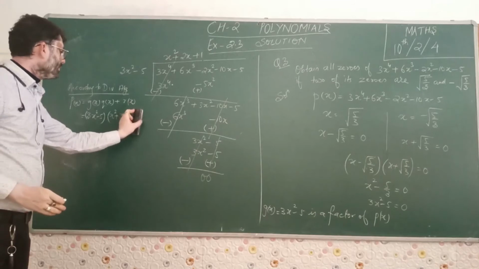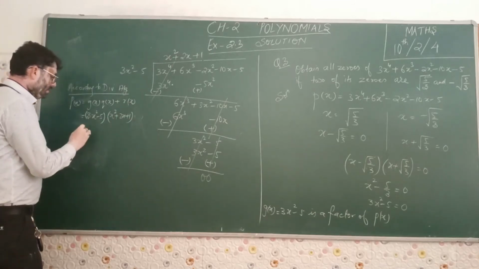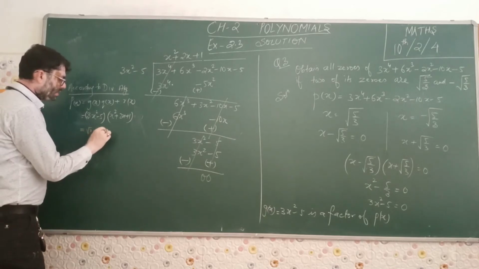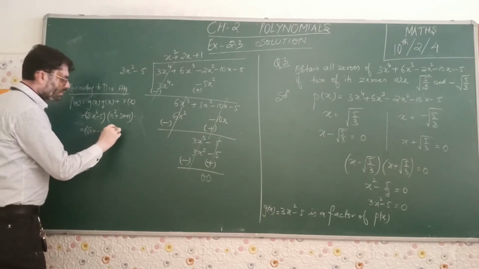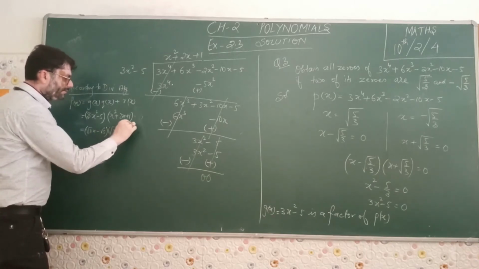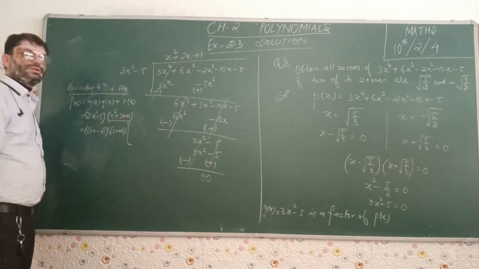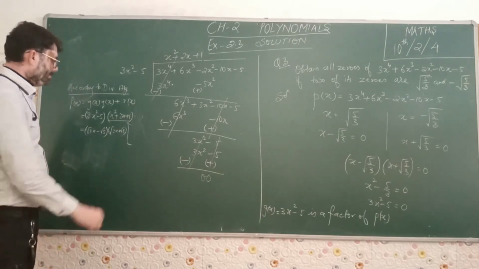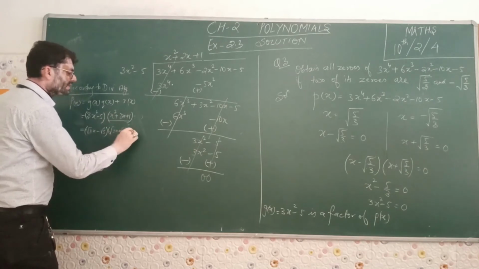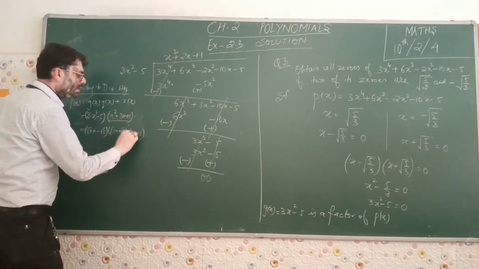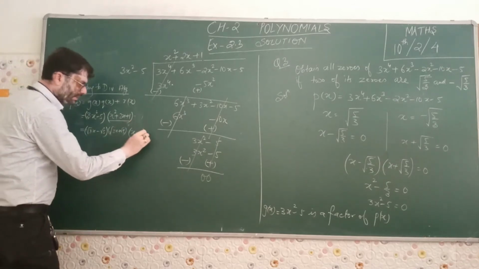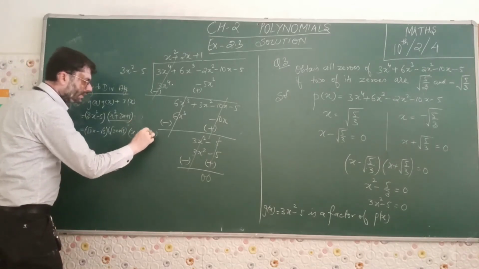So here we will be getting root 3x minus root 5, root 3x plus root 5, and we will have to solve the quotient by splitting the middle term. If you observe, very clearly this is x plus 1 whole squared, or you can say x plus 1 into x plus 1, the way you want.